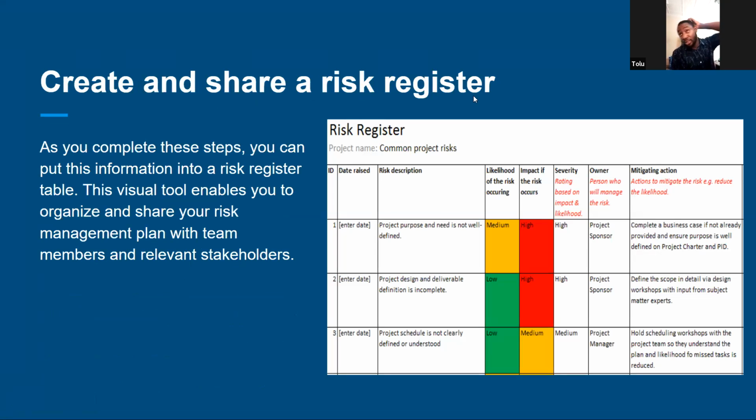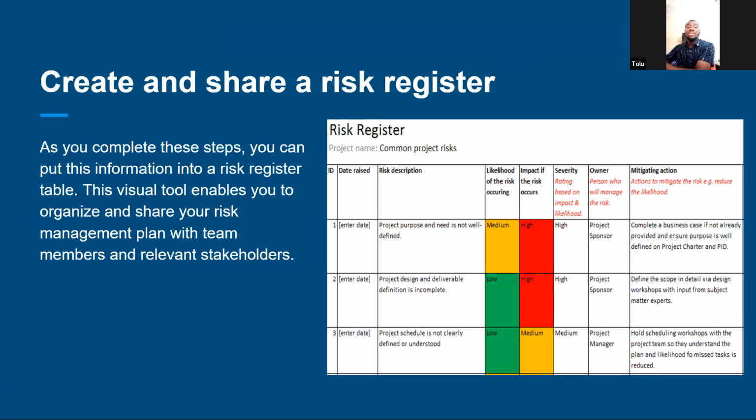Now, create a risk register. So you have to have where you store all those risks that you say you are going to face, every risk that you are going to have during the project. You have to have a register where you register those risks and you put the persons or the roles that have been assigned to an individual to know who is going to solve it.